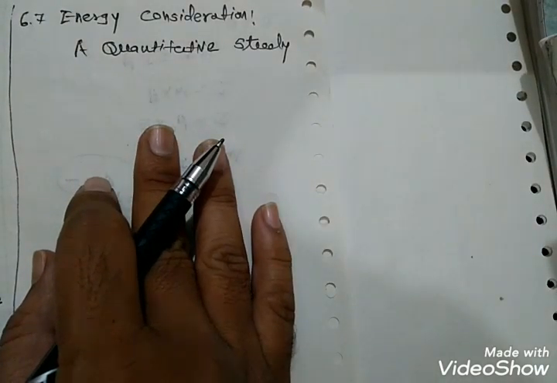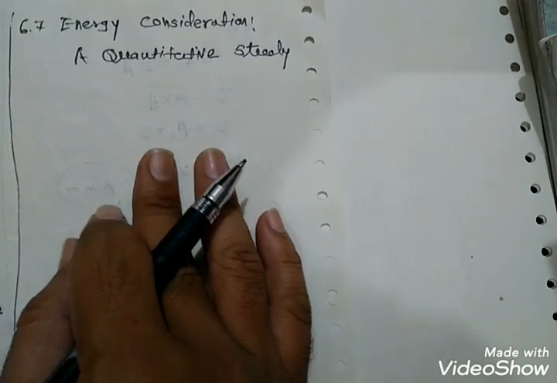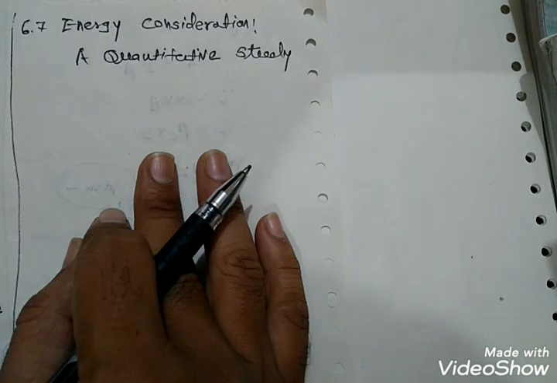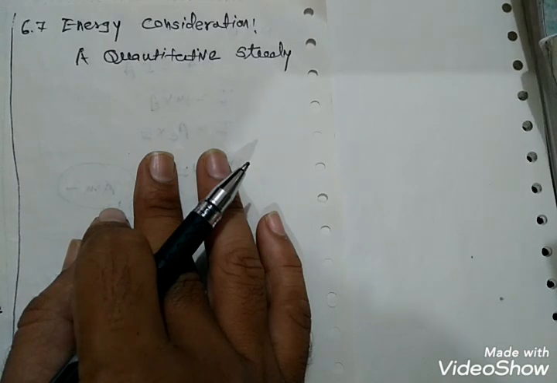Next topic 6.7, energy consideration, a quantitative study. Now here let R be the resistance of the movable arm PQ in topic 6.6, the rectangular conductor.